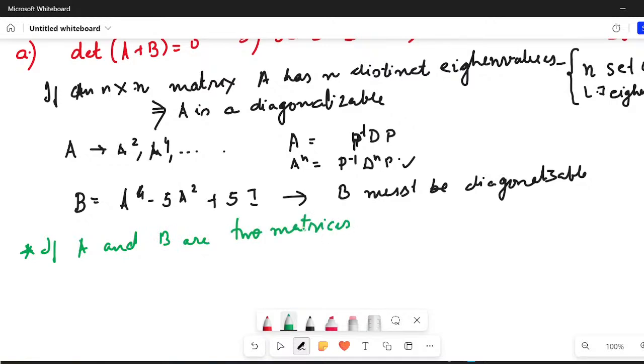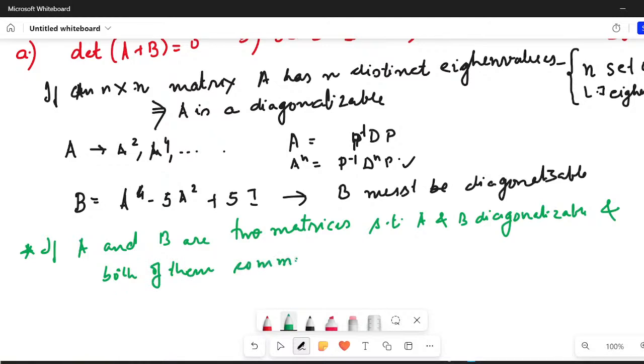If A and B are two matrices such that both A and B are diagonalizable, and both of them commute, then these matrices are called simultaneously diagonalizable matrices.